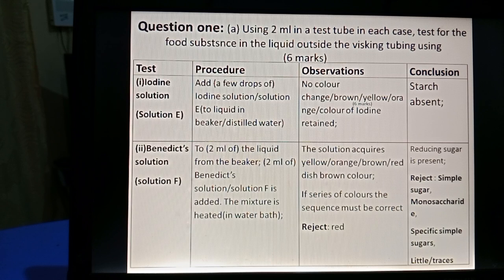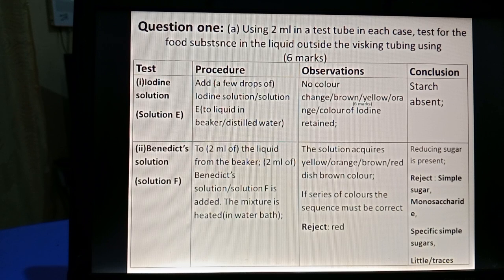So add a few drops of solution E to liquid in the beaker, or distilled water, and the color will change to brown, yellow, orange color of iodine retained.